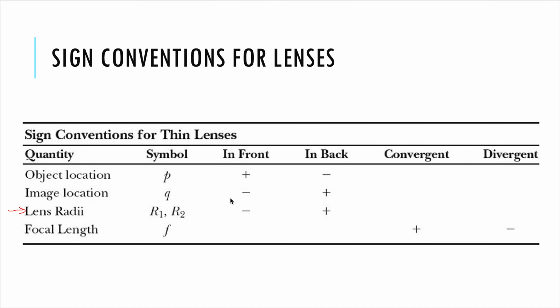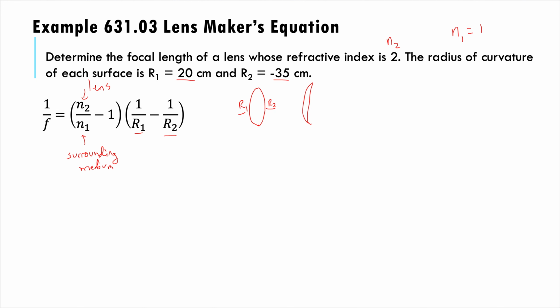And the radius is in front of the lens if you have a concave lens, right? Because then the radius is over here somewhere. If the radius is in the back, then you have a convex lens, and that radius is considered to be positive. So as long as we know these sign conventions, we know how to use the lens maker's equation.